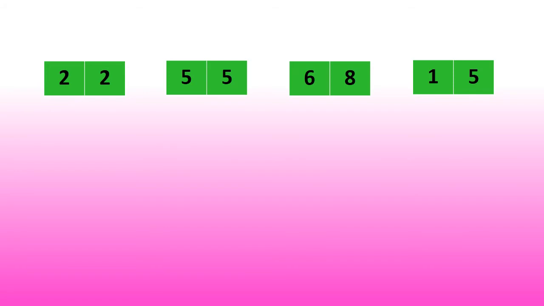We can see that the number 22 has 2 tens, the number 55 has 5 tens, the number 68 has 6 tens, and the number 15 has 1 ten. So, we know that the number 15 is the smallest number here with 1 ten. Hence, it will come first.